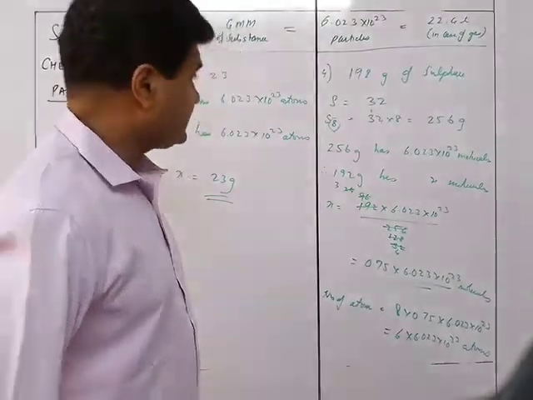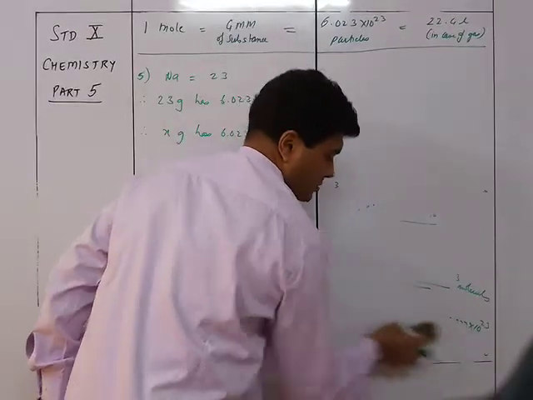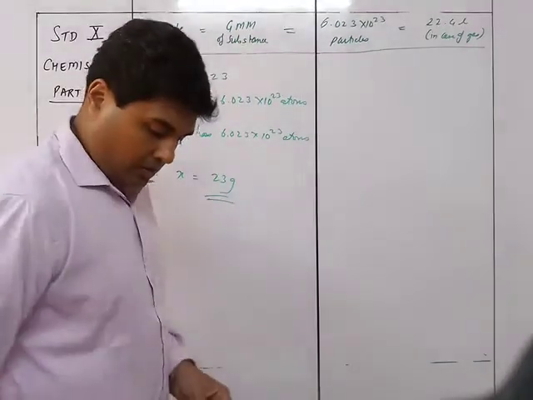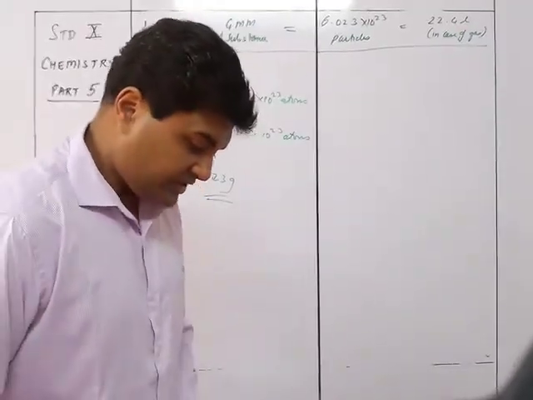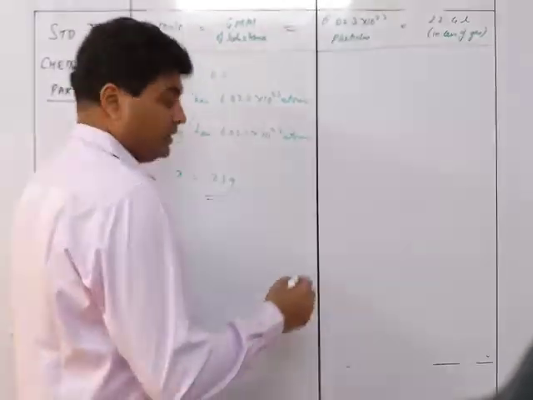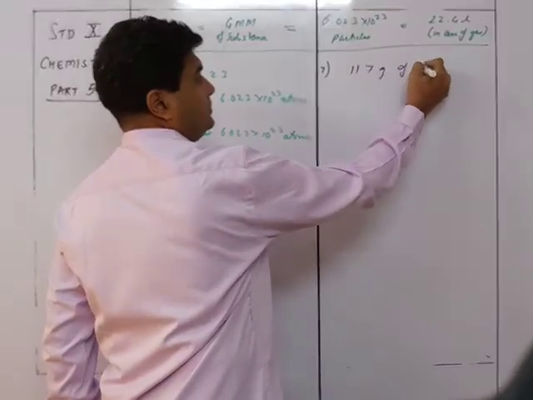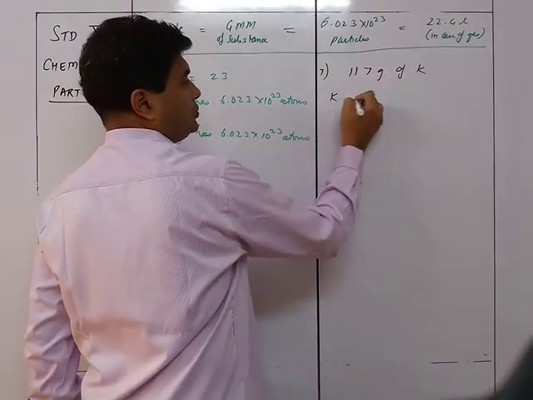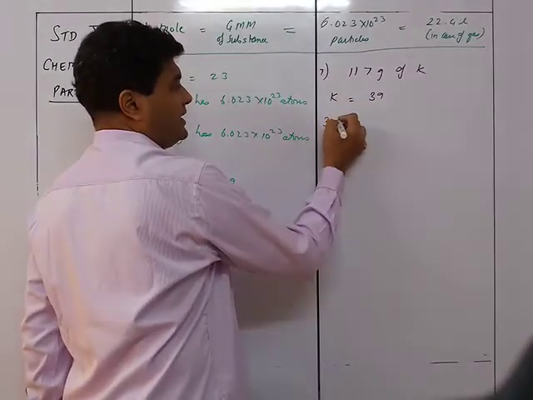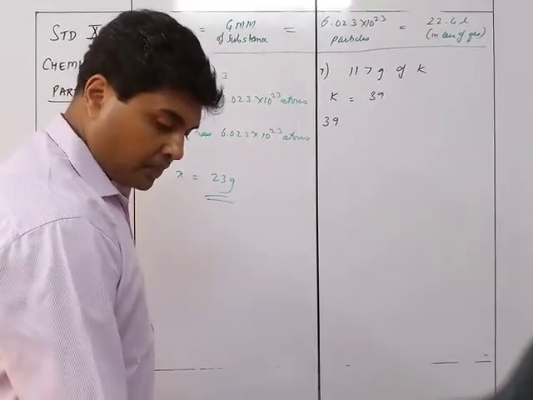Okay, question number 6. The number of atoms of potassium present in 117 grams of K. So that is 117 grams of potassium, where K is given as 39. So we say 39 grams. You want to find out the number of atoms, right?